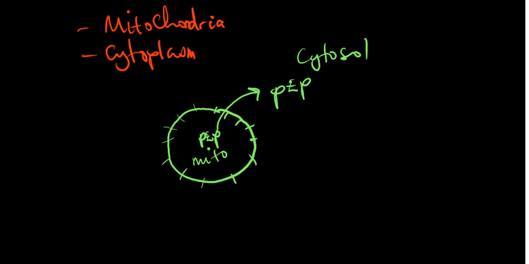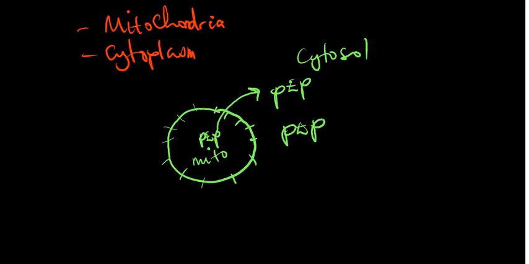Whereas the phosphoenolpyruvate that's in the cytosol, before we go to that, in order for it to form in the cytosol, it requires the transport of oxaloacetate from the mitochondria into the cytosol.